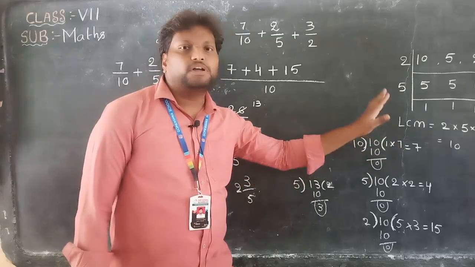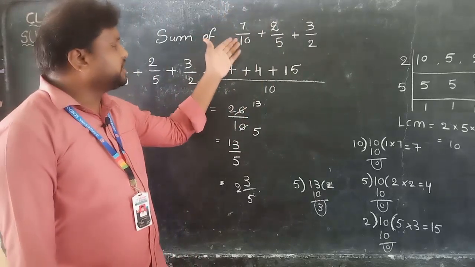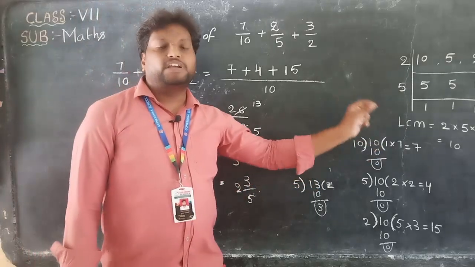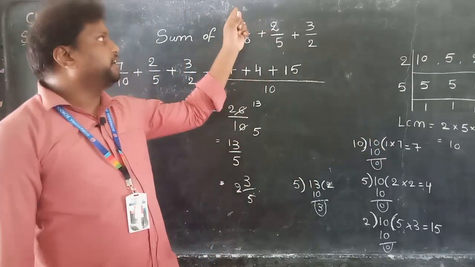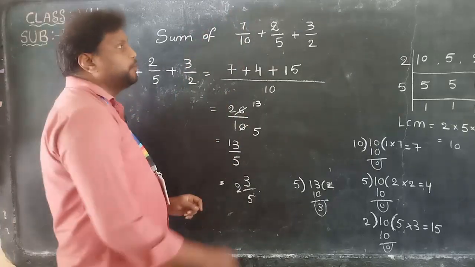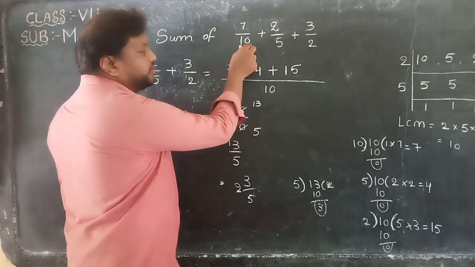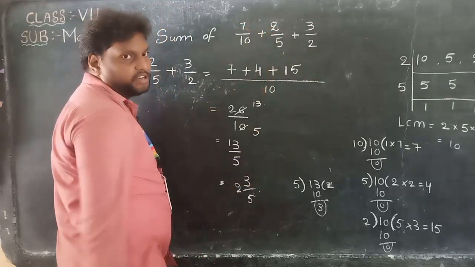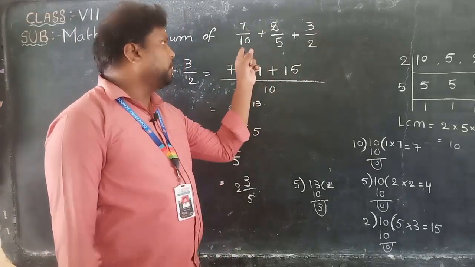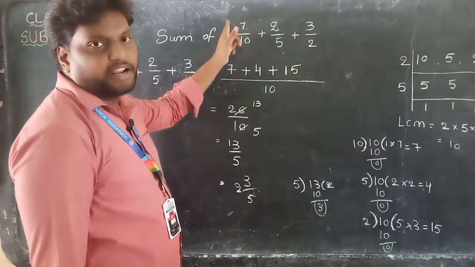The coefficient you get should multiply with the numerator of the same fraction. Okay, don't be confused. For the first fraction, 7 by 10, I am dividing by 10 and multiplying with the 7. The LCM value should be divided by the denominator, and that coefficient should multiply with the numerator.